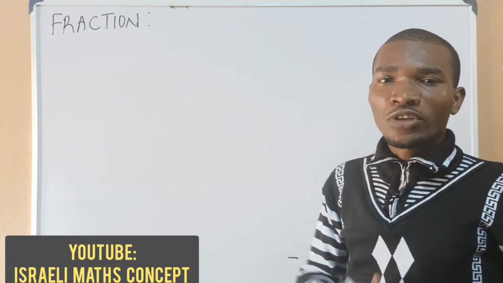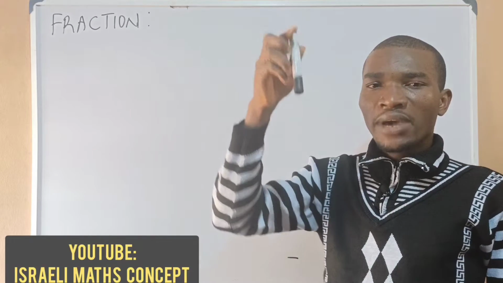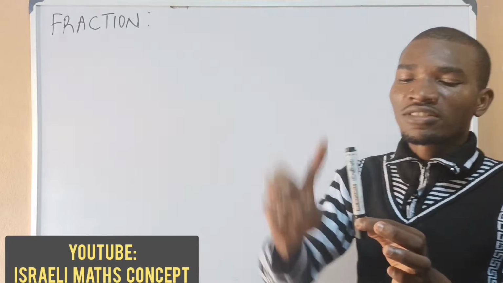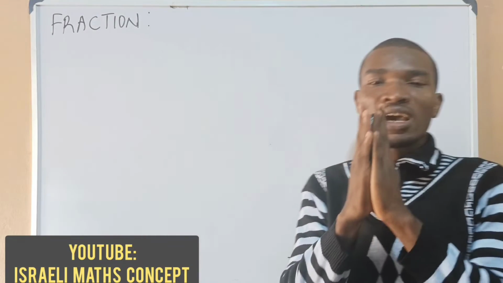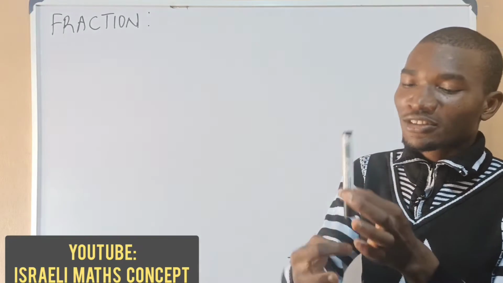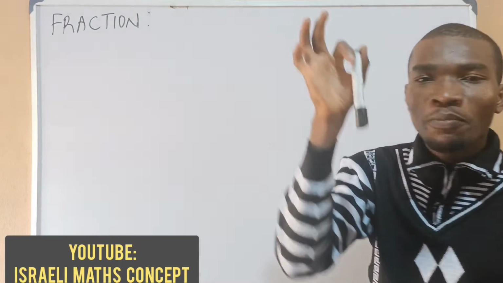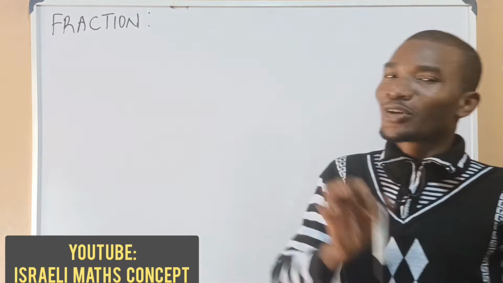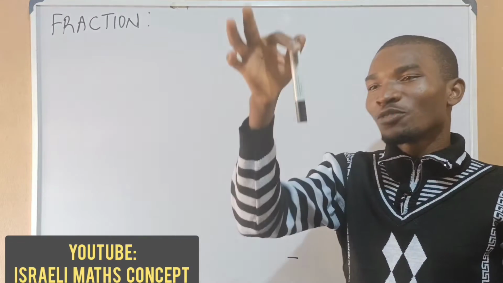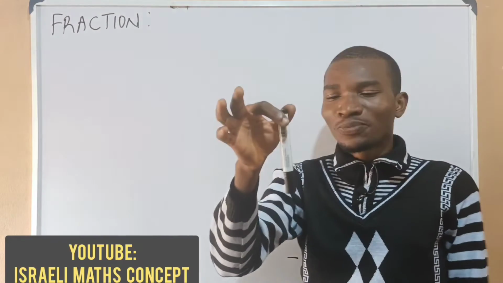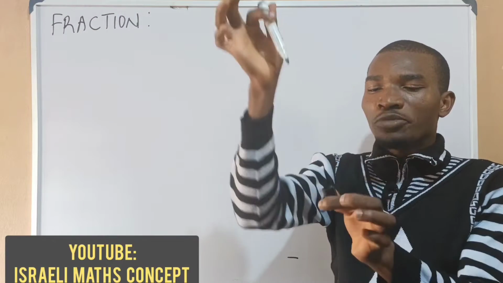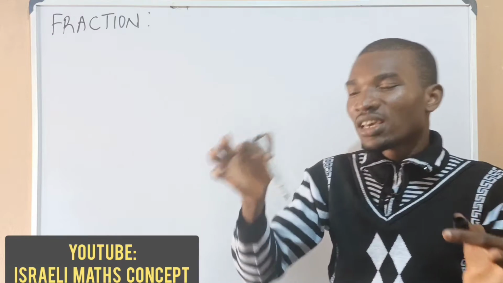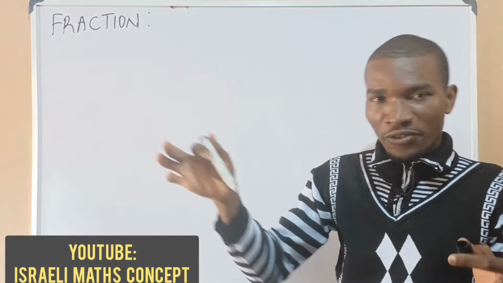But before then, I want to remind you that if you have a marker of this form, this marker, because all the components are the same, they are united together, they are blended together, you can say that this marker is a whole. So whatever that is a whole is not in fraction. So if I want to make this given marker a fraction, I'm going to remove the cover of this given marker such that the cover is different and the marker also is different.